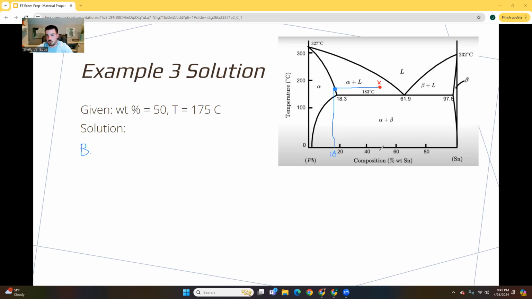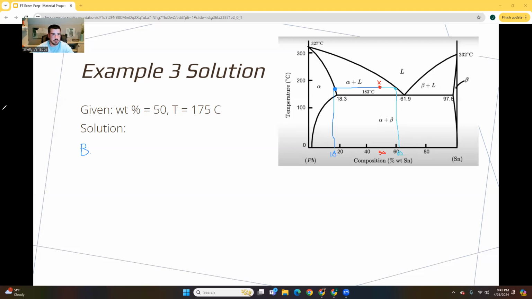Our x was given as 50%. Our liquid, we can draw over to the liquid phase and bring that right down, and it's roughly, let's call it, 62.